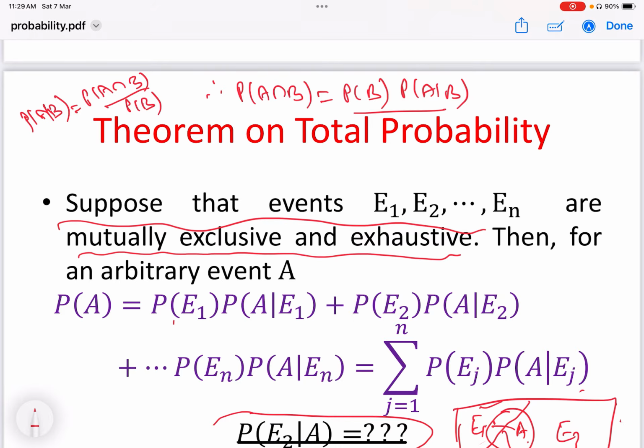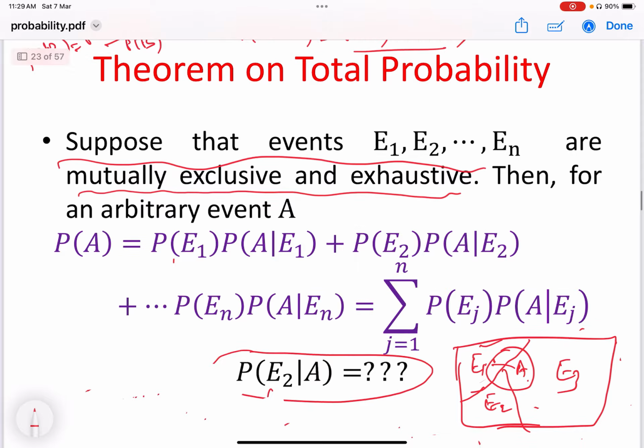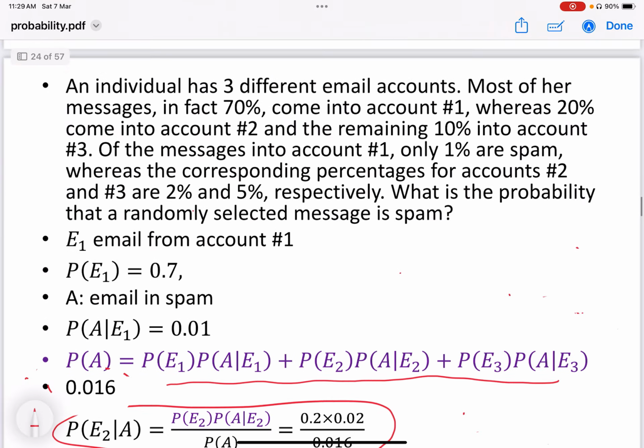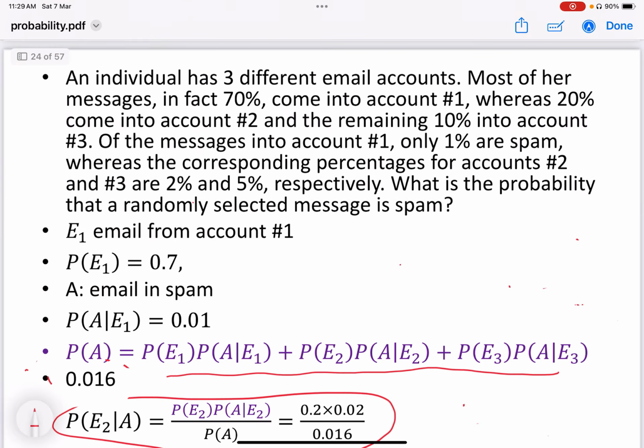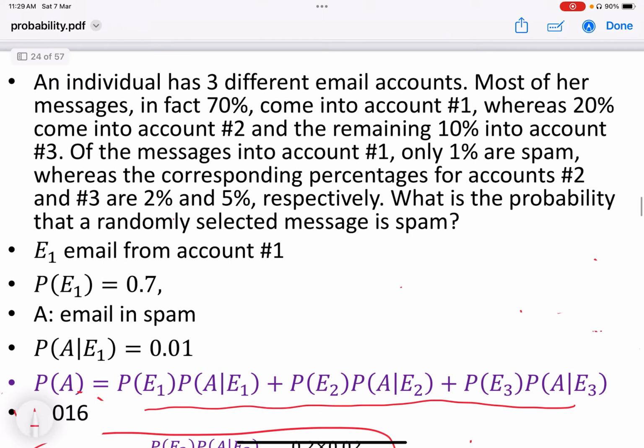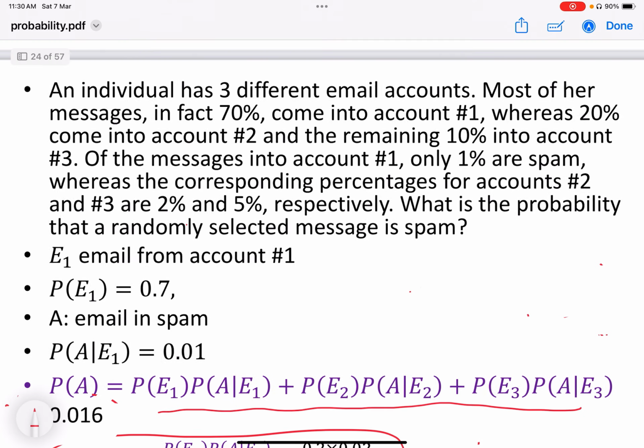But now this is the extension. If there are more than 2, 3, 4, 5 events, then we have it like this. We take one example. An individual has 3 different email accounts. Most of her messages, in fact 70%, come into account 1, whereas 20% come into account 2, and the remaining 10% into account 3.